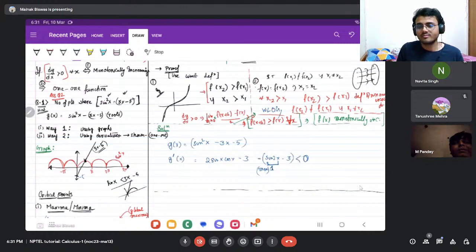Correct? Yes, sir. So what does it mean? And you see at x equal to infinity, g of x is minus infinity, right? Similarly, at x equal to minus infinity, g of x is infinity. Agreed?